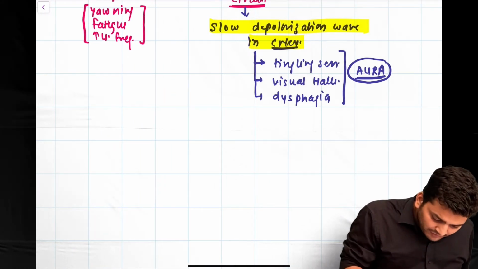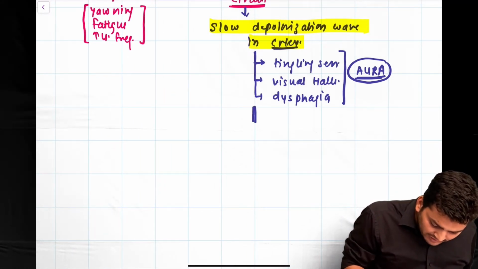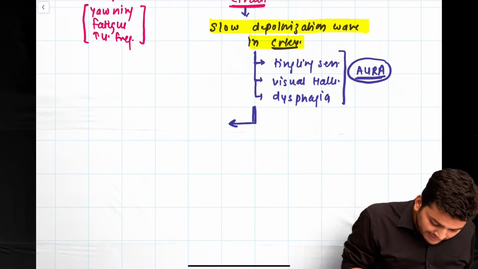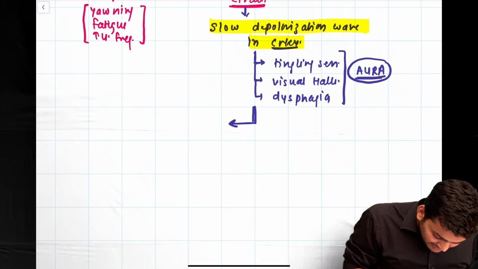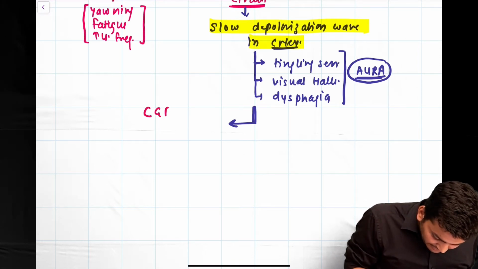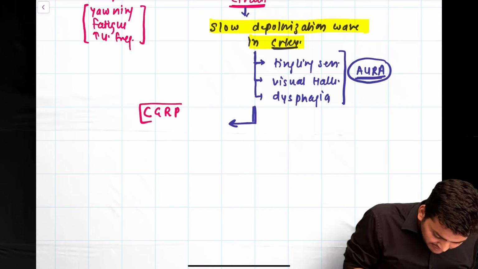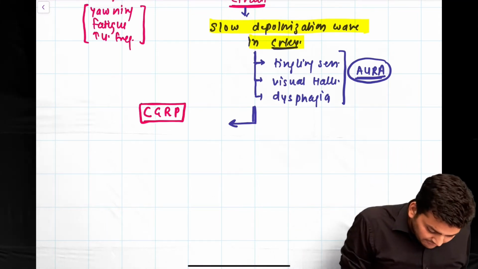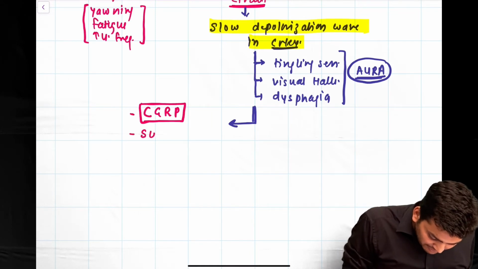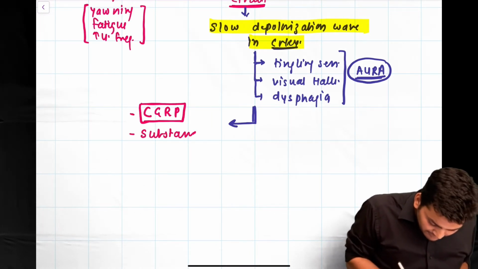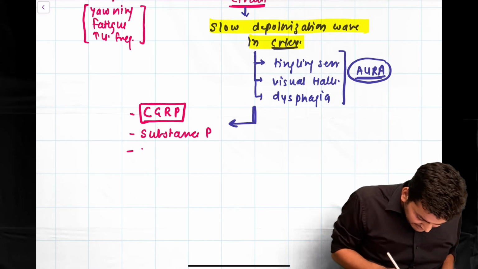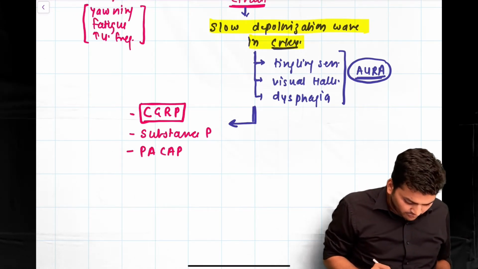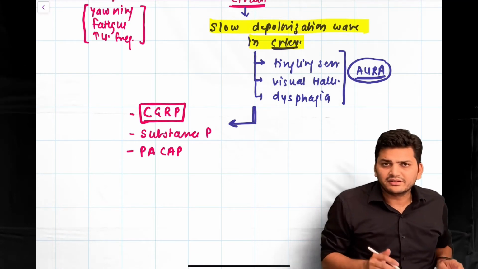After that, because of the slow depolarization wave, certain chemical substances are released, such as calcitonin gene related peptide, CGRP. CGRP stands for calcitonin gene related peptide. Along with that there is secretion of substance P, and an increase in a molecule called PACAP.